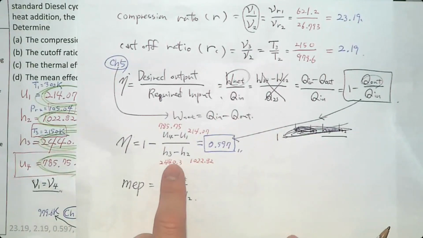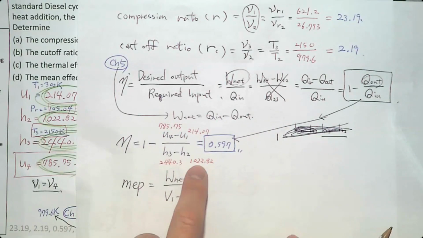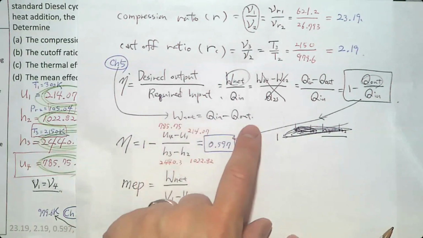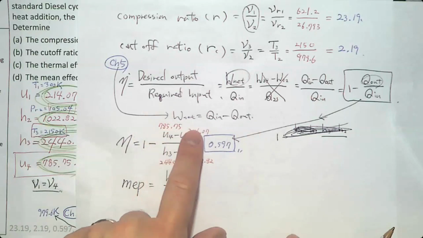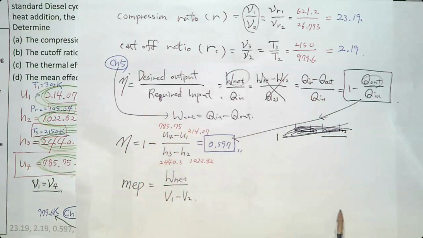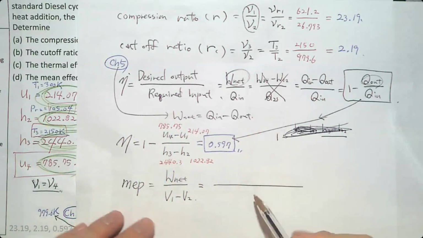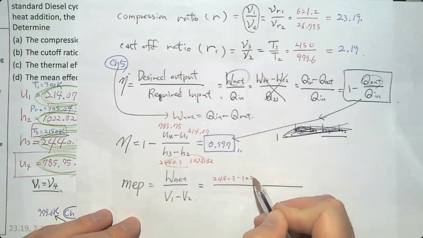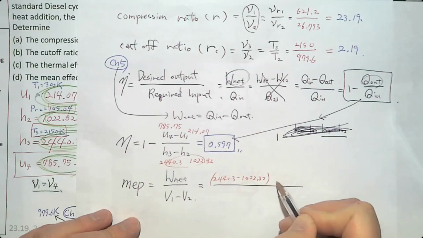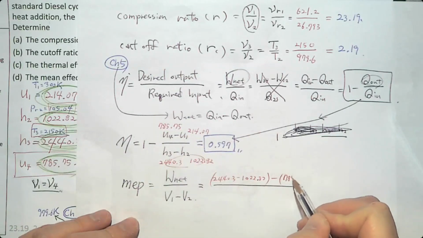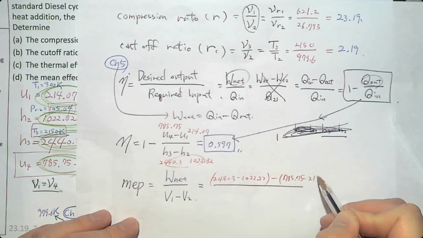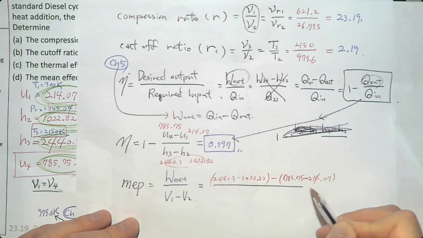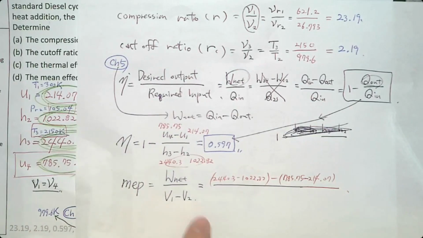We already found Q in, 2440 minus 1022, and Q out is going to be 785 minus 214. So the W net is going to be Q in, this one, 2440.3 minus 1022.82 minus this one, 785.75 minus 214.07. What about V1 minus V2?